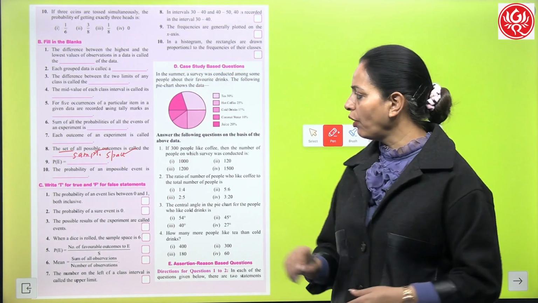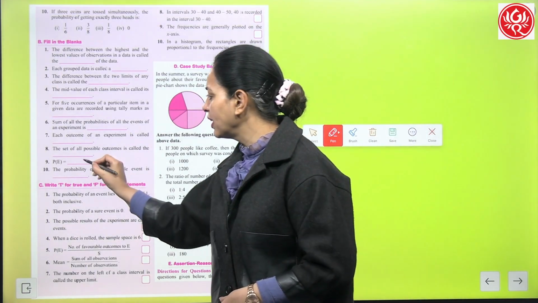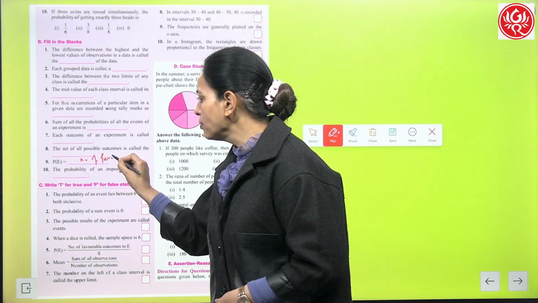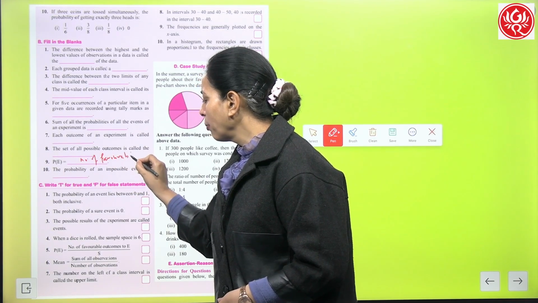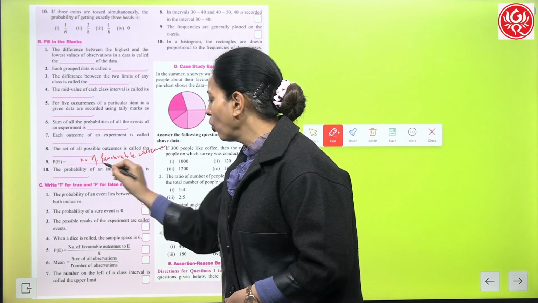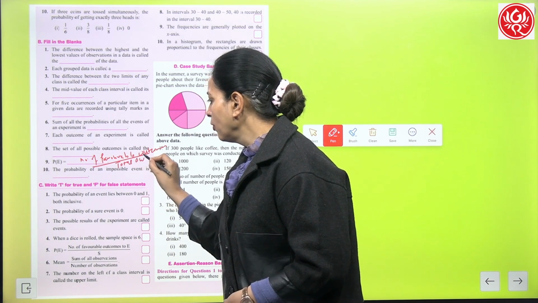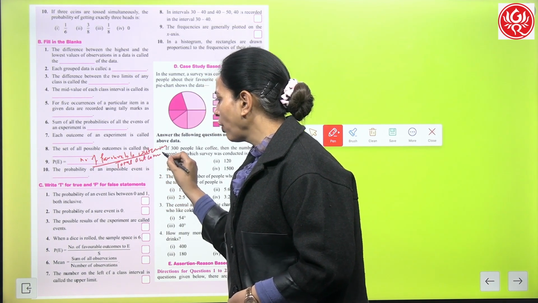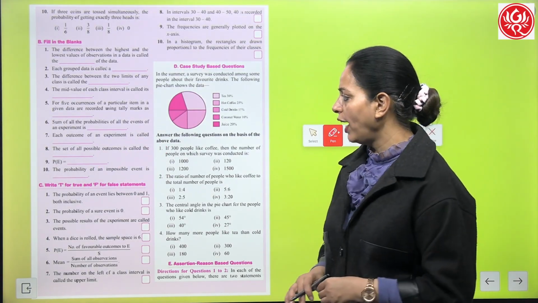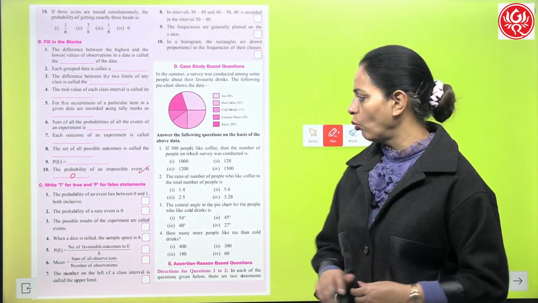Now the ninth one, P of E, the probability of any event, that is the number of favorable outcomes upon total possible outcomes, right? Now the 10th one, the probability of an impossible event is always 0, right?